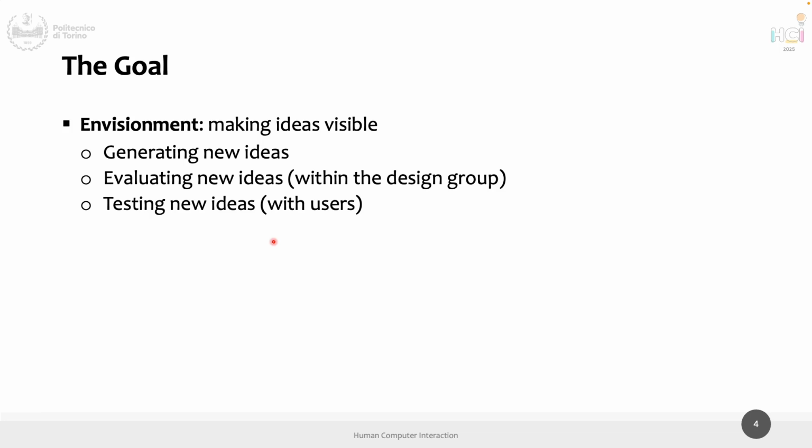So the goal of prototyping in general, also partially the storyboard that we covered last week, is envisionment, making your ideas visible. Because one thing is saying, I have this task, I want my system to do this, I want this need to be solved.